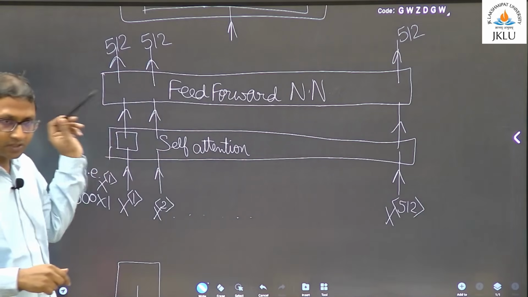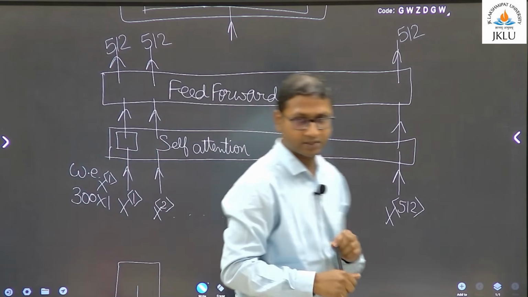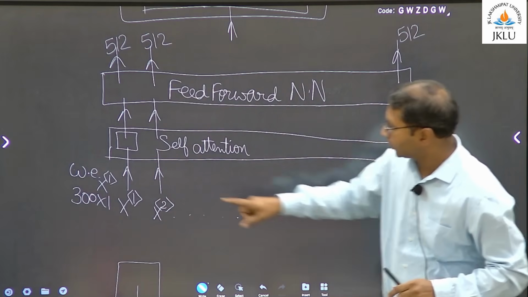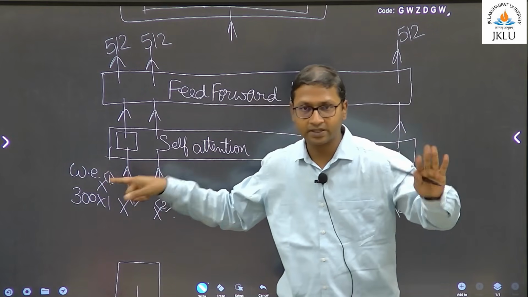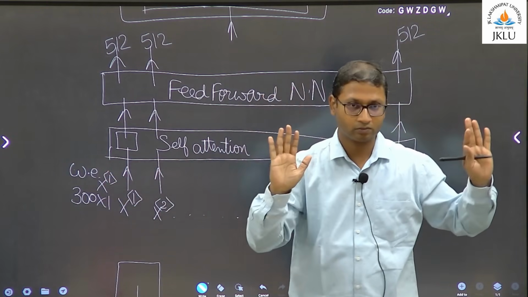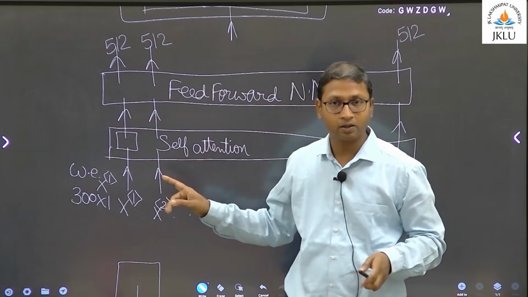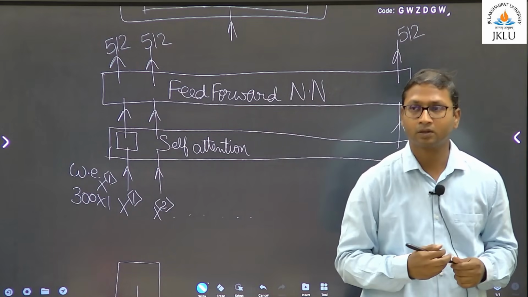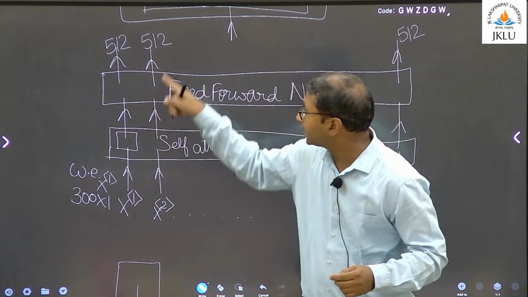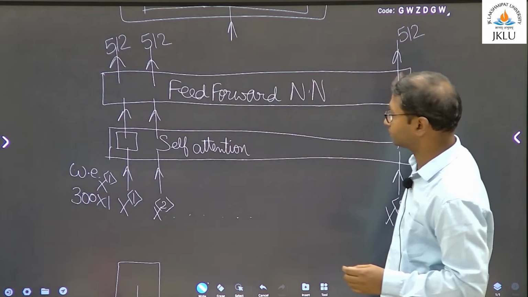So how do I fix the parameter matrices and everything? What is x1? A word embedding of size 300, and word embeddings are now gone. So what comes next? How do I make these guys 512 each?